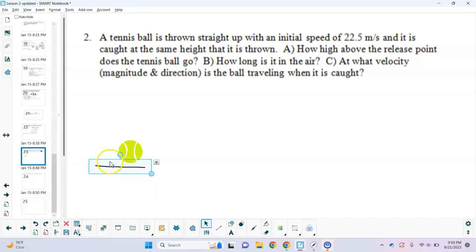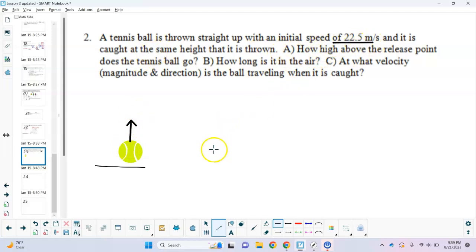So the next one here, we have a tennis ball that we're going to throw upward with some velocity. So there's that picture. Thrown upward with an initial velocity of 22.5 meters per second.